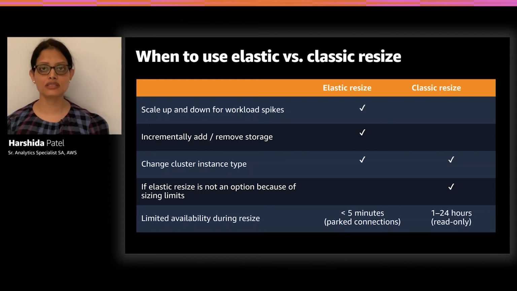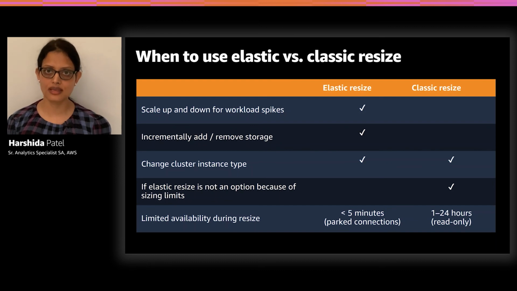When any of the scenarios fall outside those boundaries, you can choose to use classic resize. And the basic distinction between the two resizes is the amount of time it takes. With elastic resize, it's less than or equal to 4 minutes during which the queries are parked, and with classic resize, the time it takes is a factor of the amount of data in your main cluster.